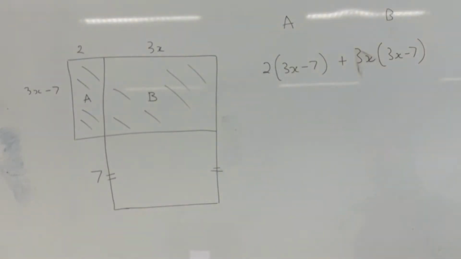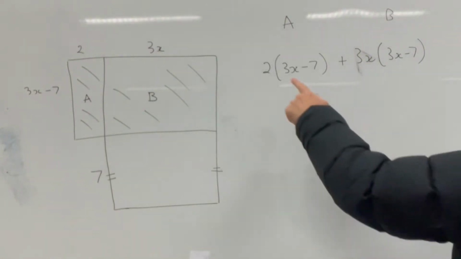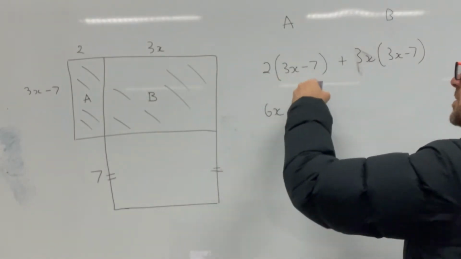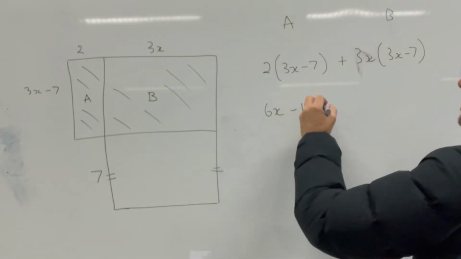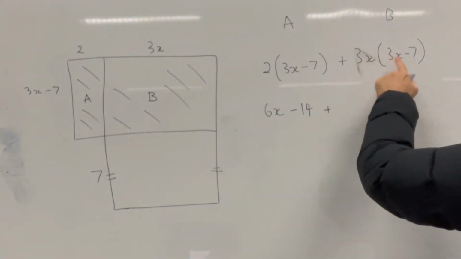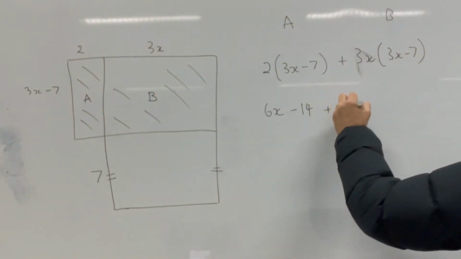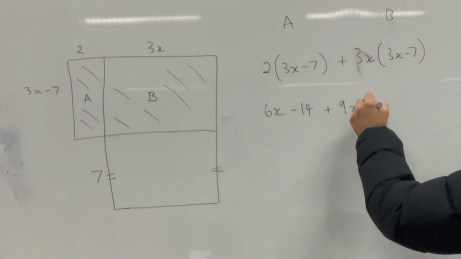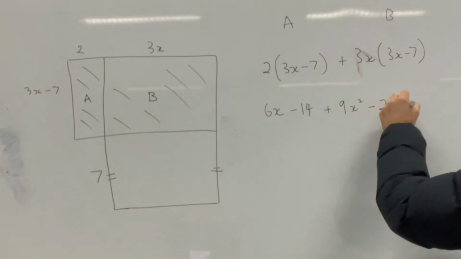First thing we need to do here is to expand our brackets. And then once we've expanded our brackets, we will then collect like terms and solve. So 2 times 3x is 6x, 2 times -7 is -14, plus 3x by 3x will be 9x squared, and 3x by -7 will be -21x.